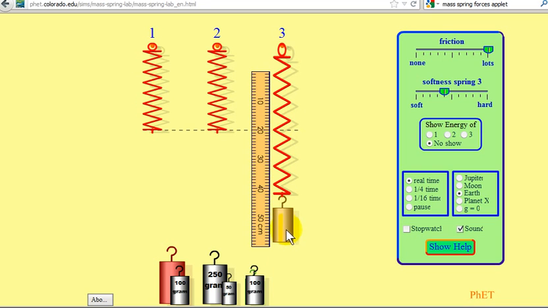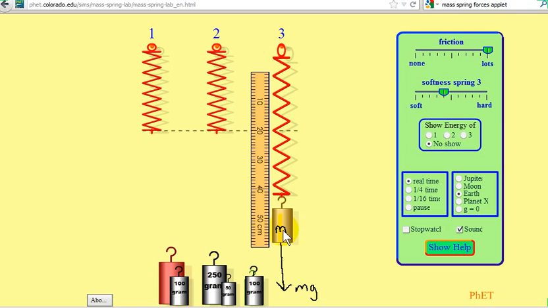Knowing the spring constant K, we can work out the mass of this unknown mass. So the weight of this mass is mg. That means that the spring force F sub s equals mg. They're the same because this mass is in equilibrium. But we also know that mg equals the spring constant K times the extension of the spring.